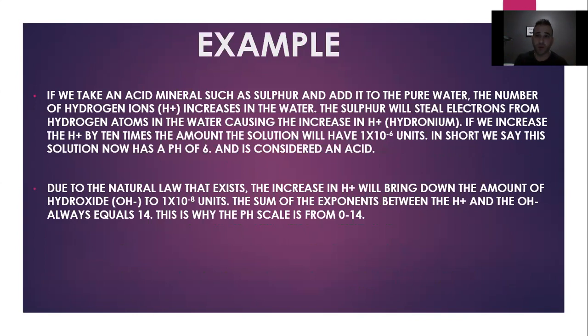It comes from this autoionization of neutral water as its reference point, okay? Due to the natural law that exists, the increase in H plus will bring down the amount of hydroxide, OH negative, naturally to 1 times 10 to the negative 8 units. The sum of the exponents between the H plus and the OH negative always equals 14. This is why the pH scale is from 0 to 14.